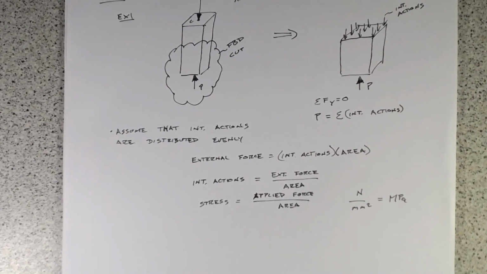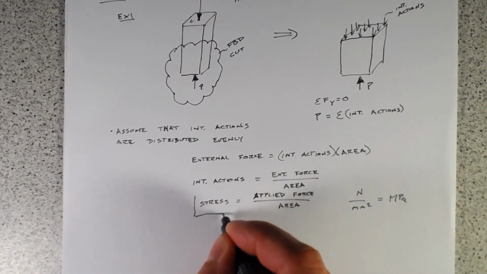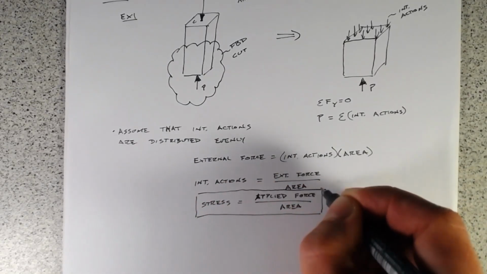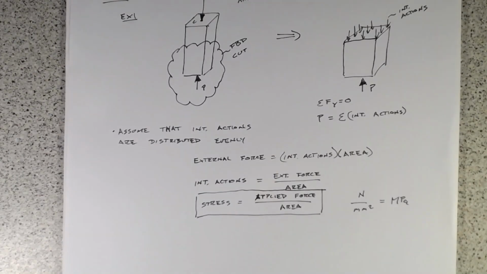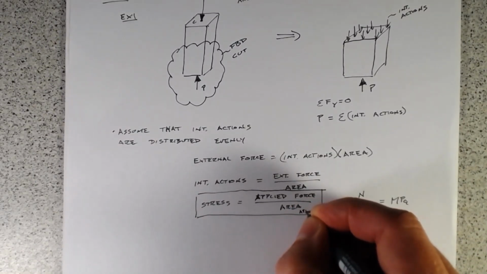So think of it like a force density is all stress is doing. But this is essentially our governing conceptual equation for what a stress is. It's just an applied force over the area that you're applying that force. So area, we'll say applied.